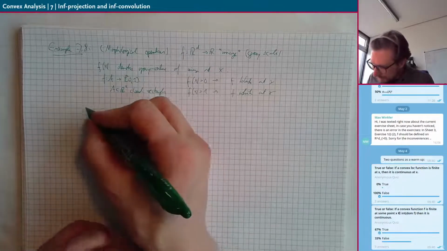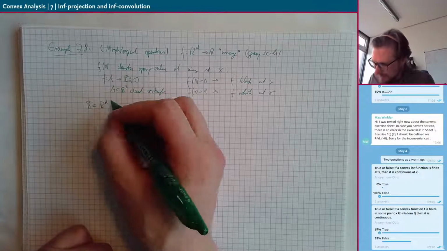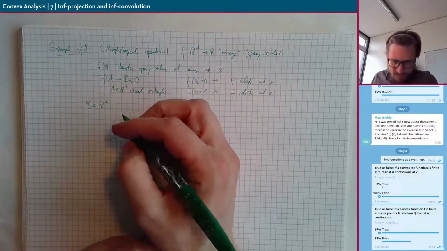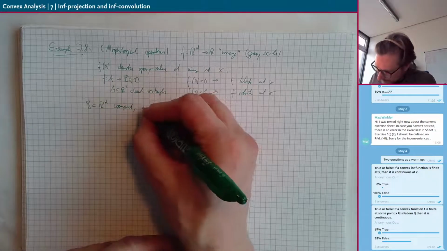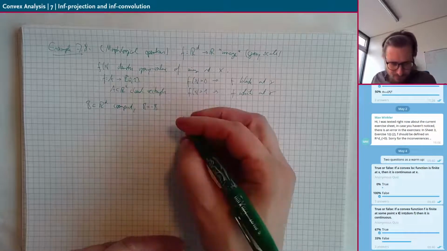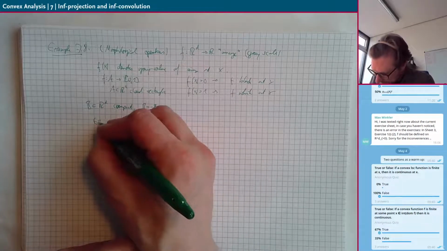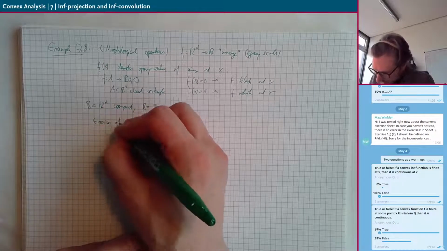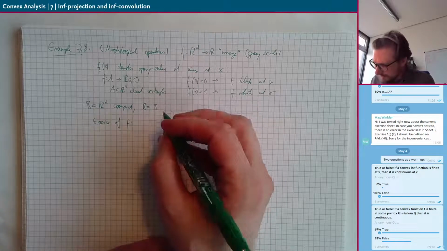So if you now have an image and a subset B in the same R^d, and always think about d equals 2, a compact subset, which should be symmetric about the origin, so B equals minus B, then you define the so-called erosion of f. There are many notations here, there's no standard.